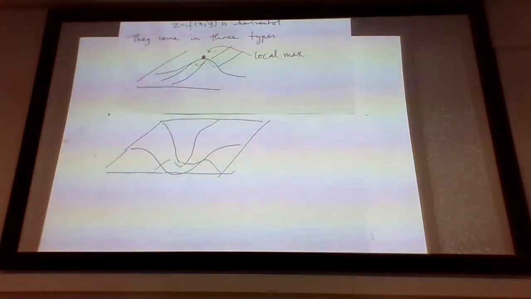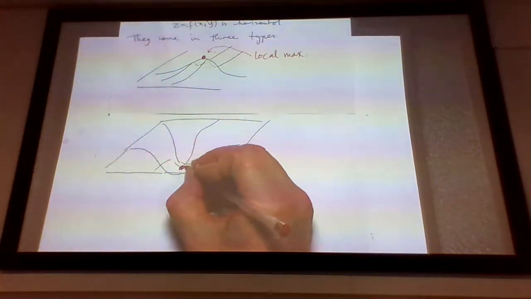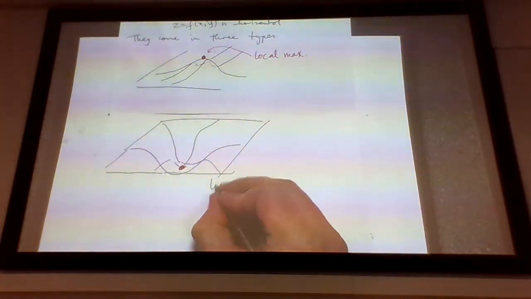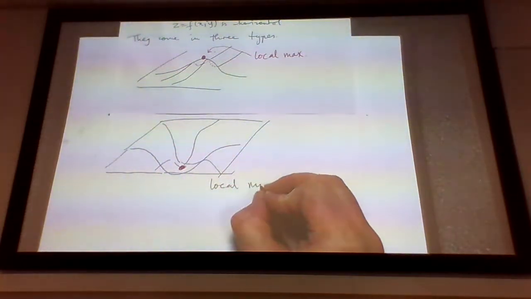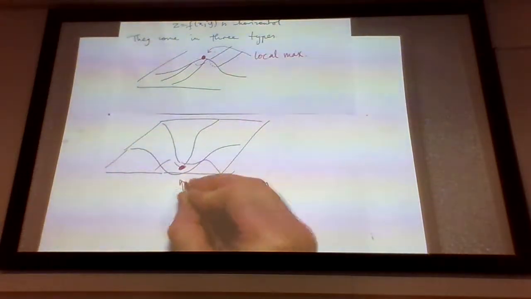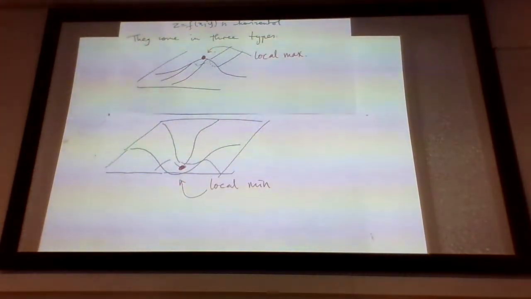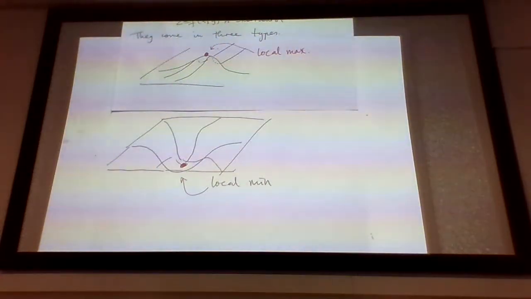Okay, these are rough pictures. We'll look at some more accurate pictures on MATLAB later on. You can have a local minimum, which is the opposite of the top of a hill, the bottom point in a depression. Okay, think of turning a hill upside down. So you can have local minimums.